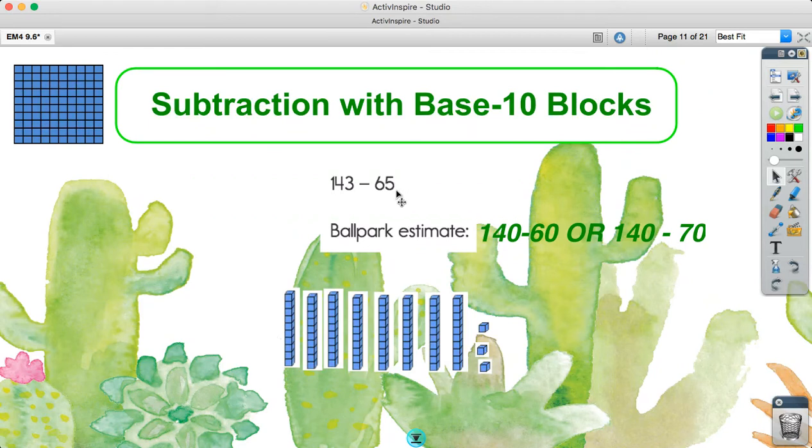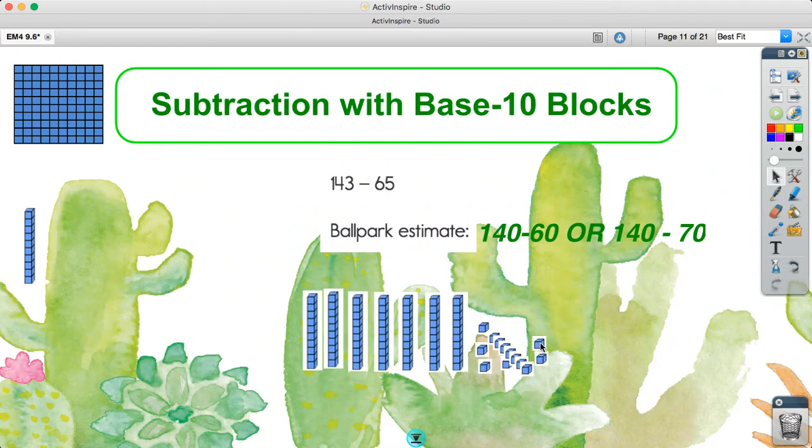Before I can take away 5 cubes, I need to exchange 1 long for 10 cubes. I'm going to move my long over here, and I'm going to trade it out for 10 cubes. 1, 2, 3, 4, 5, 6, 7, 8, 9, and 10.